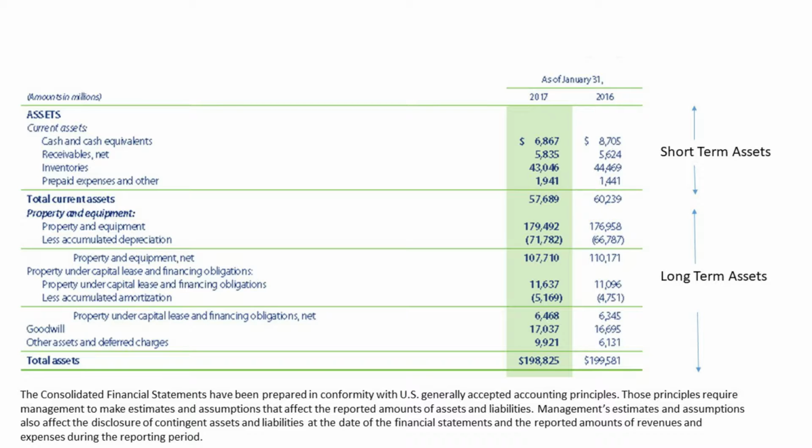They usually have the current assets and the long-term assets, or so-called non-current assets. Current assets, as the name says, typically have 4 to 5 components within them as part of the accounting standards, and the non-current assets have 3 to 4 or 5 components.